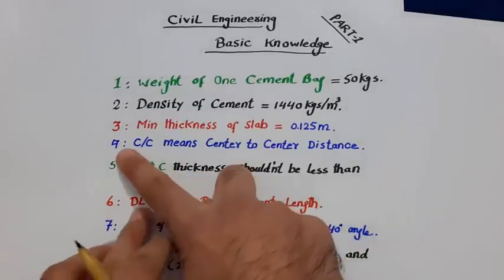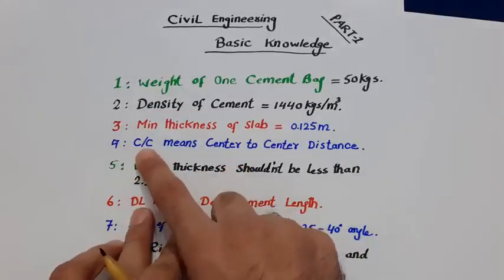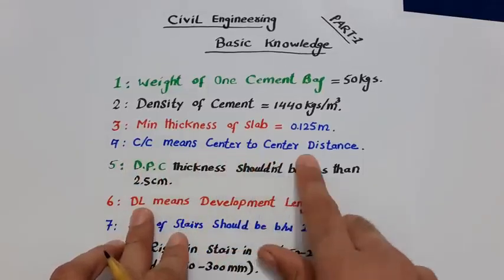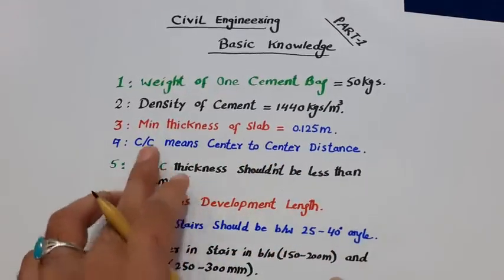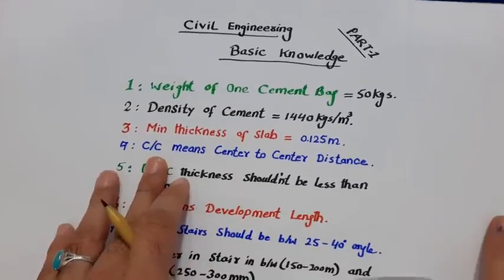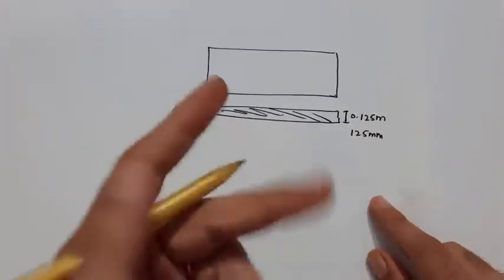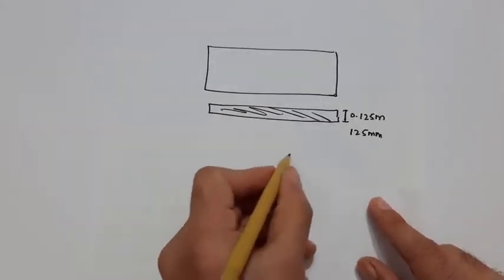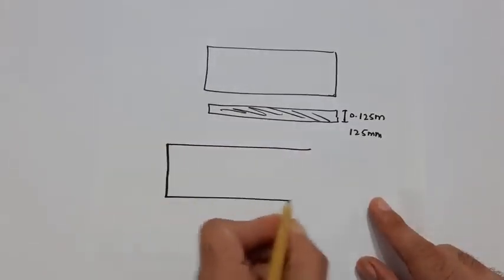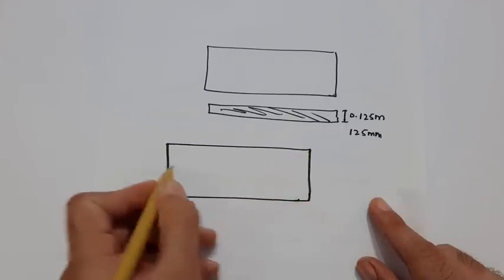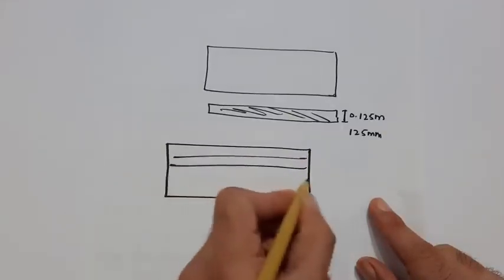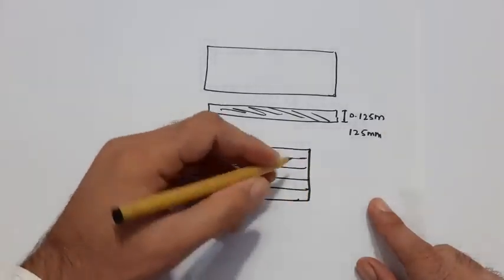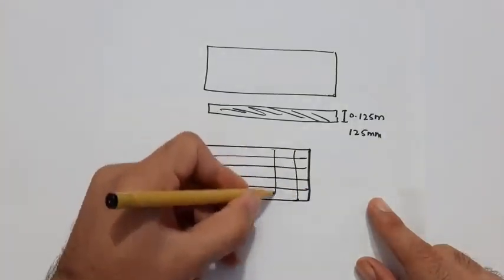Next, guys, the fourth one is C/C, which means center to center distance. C/C is especially used in design for slabs or any RCC members. Like, guys, you can see this is a slab, so we are providing main bars and distribution bars. These are distribution bars and these are main bars.